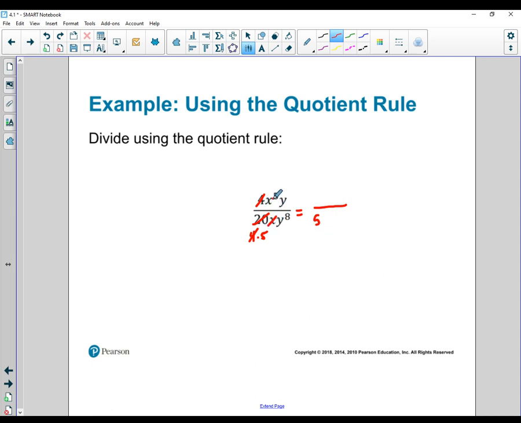One x is going to cancel with one of the x's here, so there's going to be 4 of them left in the top, right? If you have 5 in the top, 1 in the bottom, they cancel. 4 are going to be left up here. Now we have 1y, and that's going to cancel with one of the y's down here, and we're going to be left with y to the 7th down there. So maybe just to write it nicely, x to the 4th over 5y to the 7th.